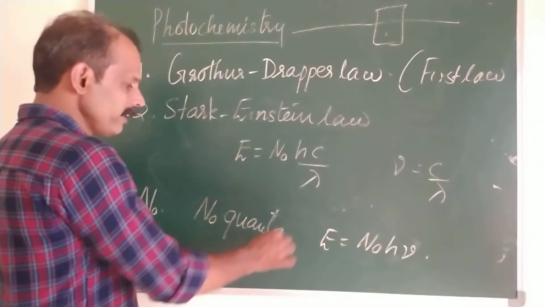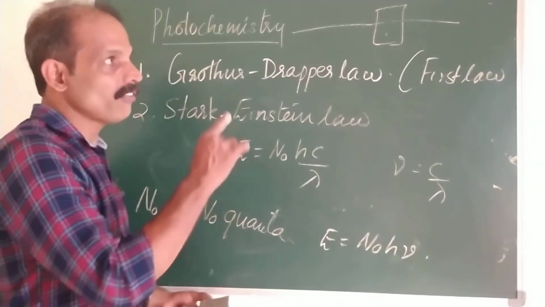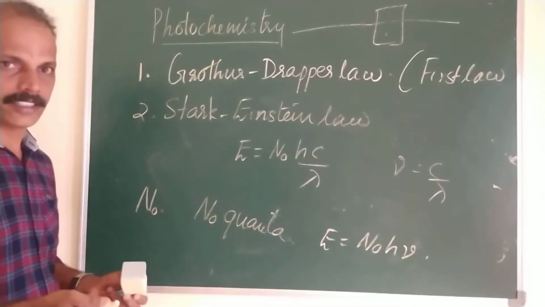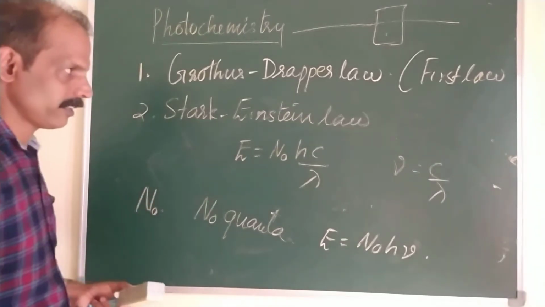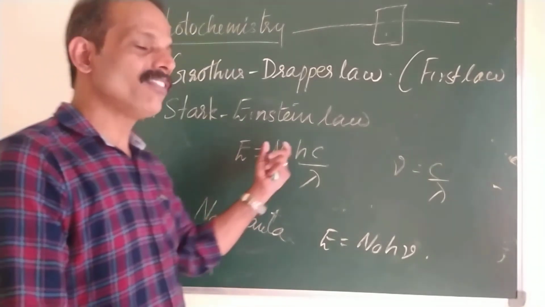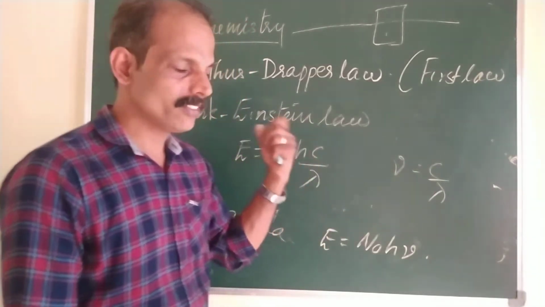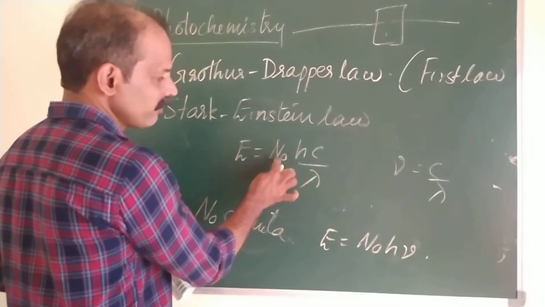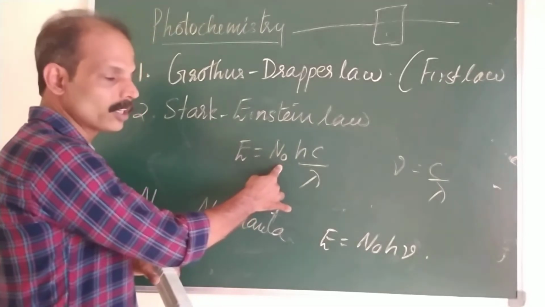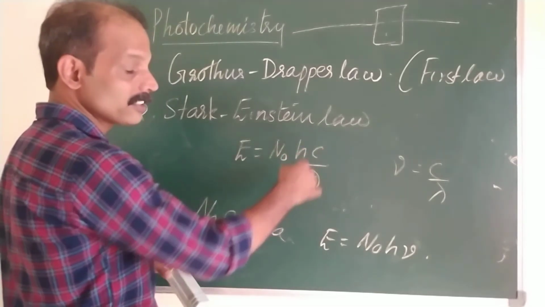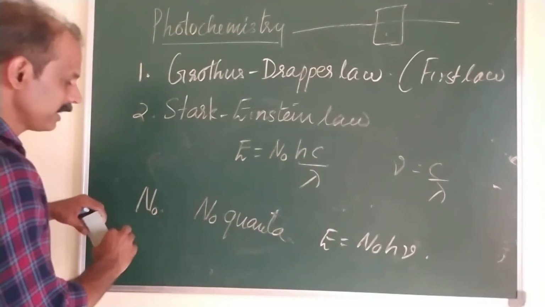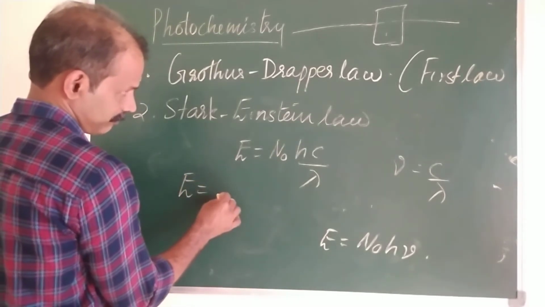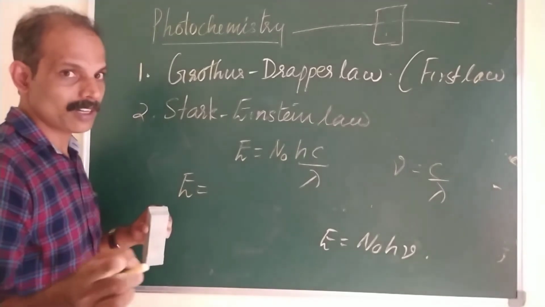The energy absorbed by one mole of absorbing substance is known as 1 Einstein. 1 Einstein is equal to 1 mole of quanta. By substituting the values of N0, the Avogadro number, h, Planck's constant, and c, the velocity of light, we get the total energy of 1 mole of particles which absorb 1 mole of quanta.